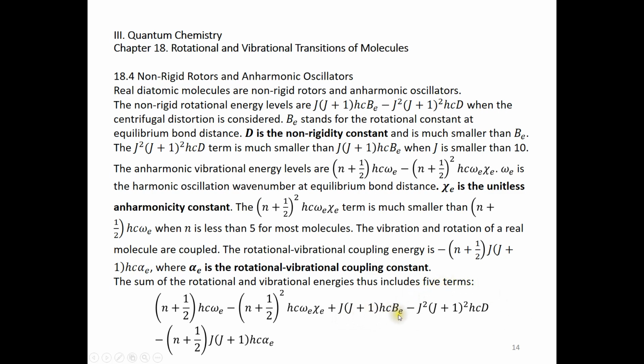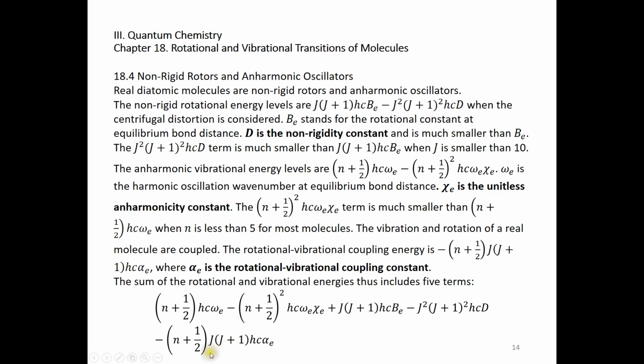Now we have this centrifugal distortion term, negative J squared times (J plus 1) squared times hcD, and D is much smaller than B_e. So as long as J is not too large, this term is smaller than the hcB term.